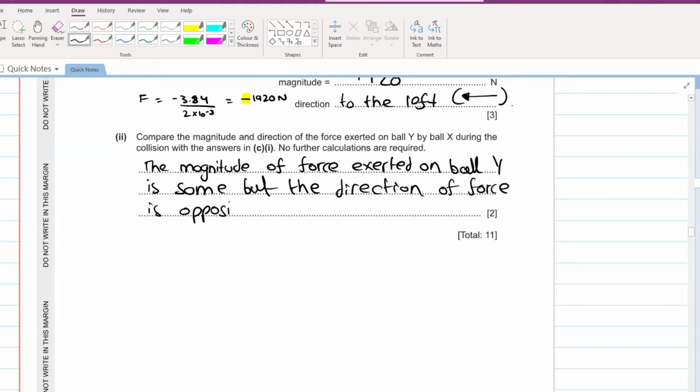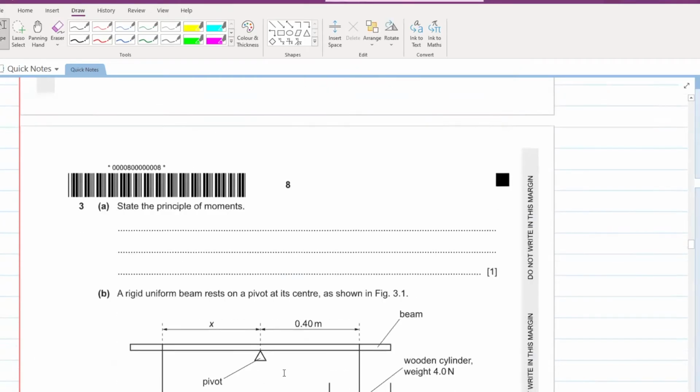And where is the direction of force? Towards the right. Simple as that. Are there any complications in this entire question? If you have any question, ask. No questions, let's move ahead.